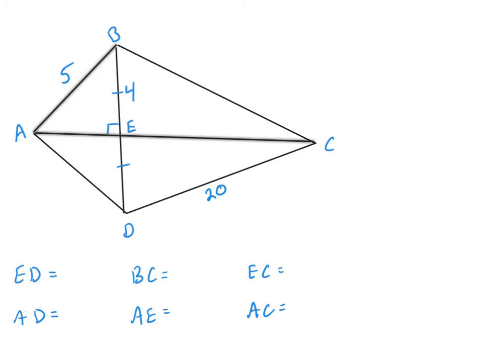So that tells me that AC is a perpendicular bisector of BD.